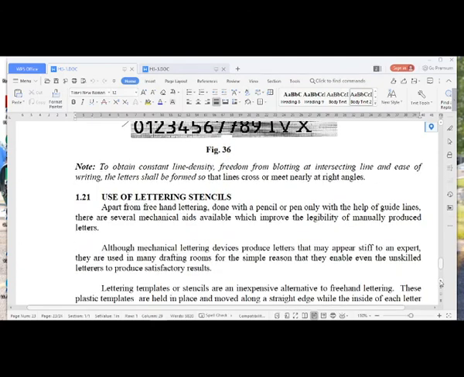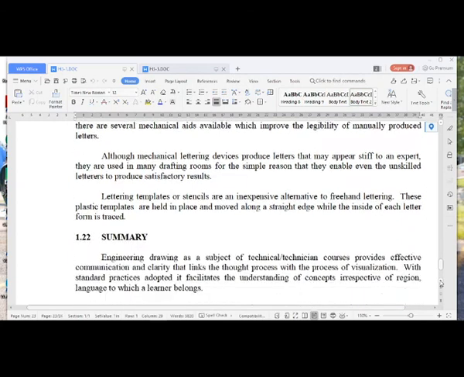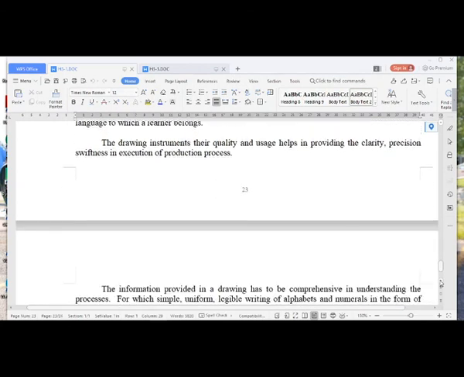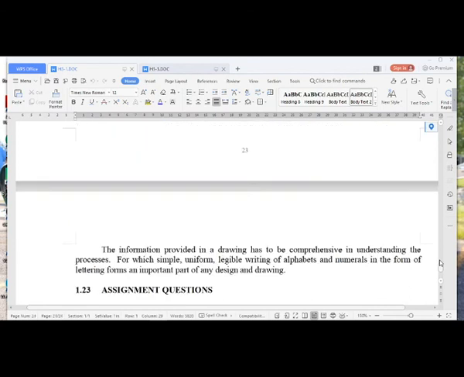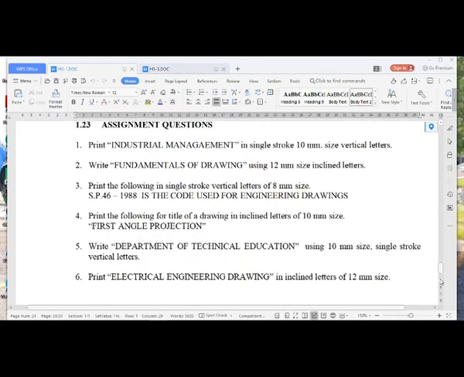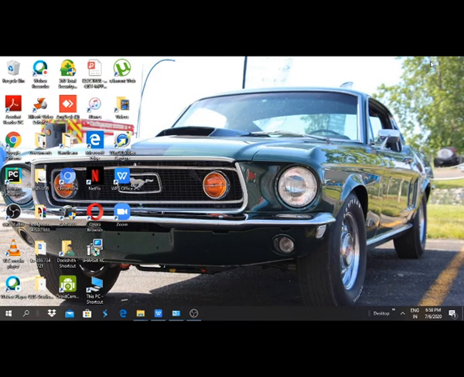Just observe all these. Now it is the completion of the introduction of engineering drawing. We will use engineering drawing books, which are mainly referred for engineering drawing.